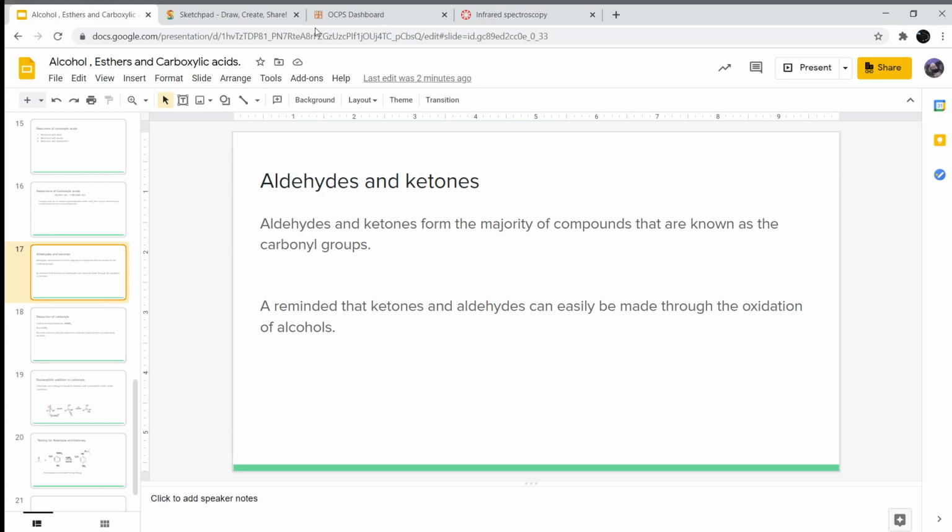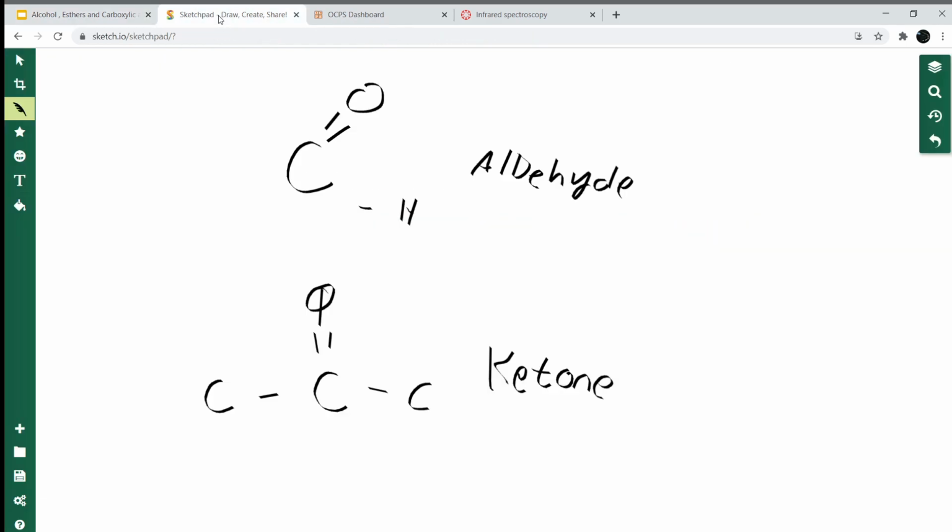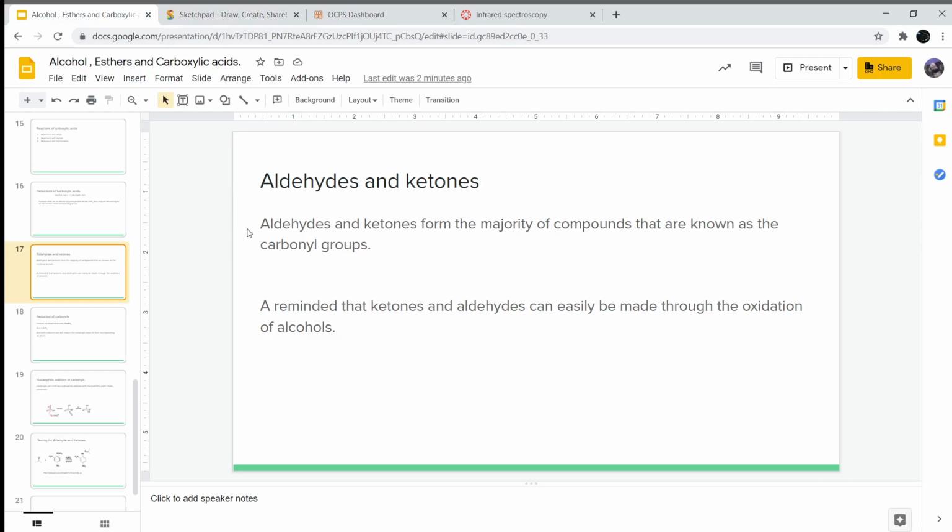As a reminder, the general way we make aldehydes and ketones is that we typically oxidize an alcohol. Aldehydes can be oxidized from a primary alcohol, and ketones can be oxidized from a secondary alcohol. Again, tertiary alcohols cannot be further oxidized to form aldehydes and ketones.